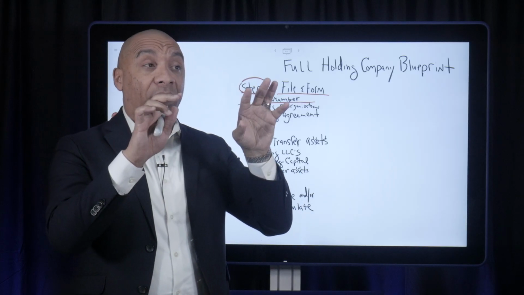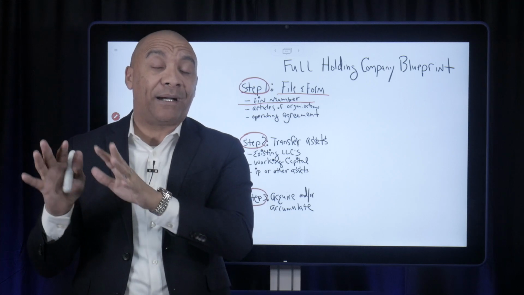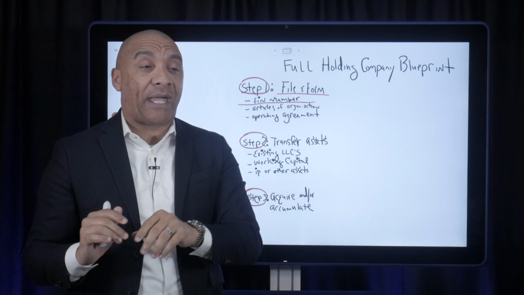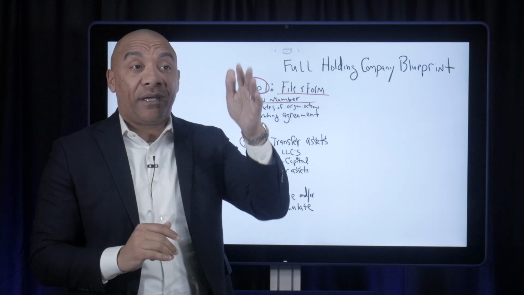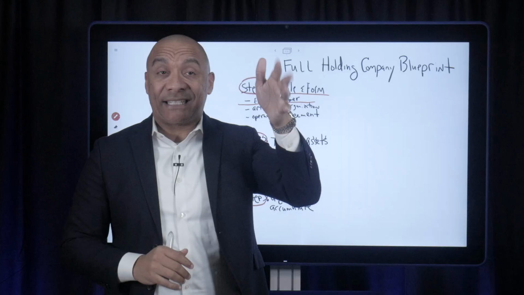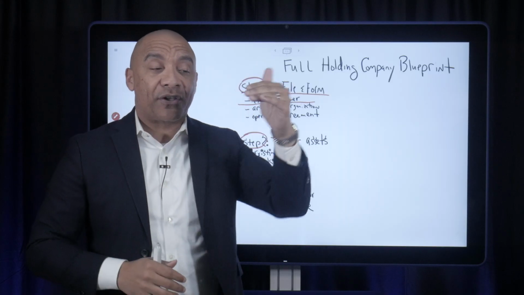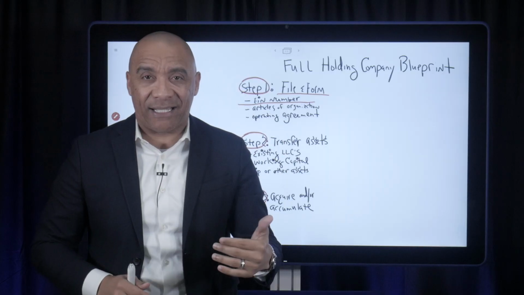But when you are filling out the application for your holding company's EIN number, okay, no matter what state you're in, there's not a category on the EIN or SS4 form, online or physical one. There's not a section for holding companies.